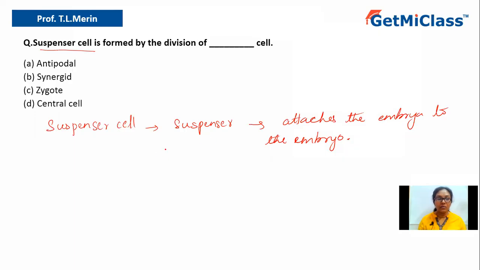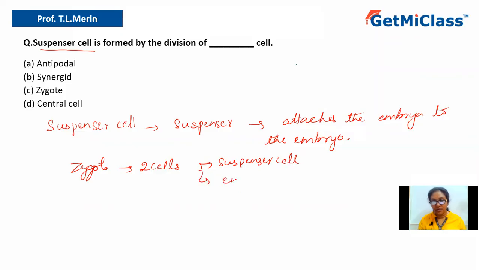And how is it formed? It forms by the division of the zygote itself. Yes, you heard me right. So zygote divides into two cells, and one of the cells forms the suspensor cell. The other cell is called the embryonal cell.